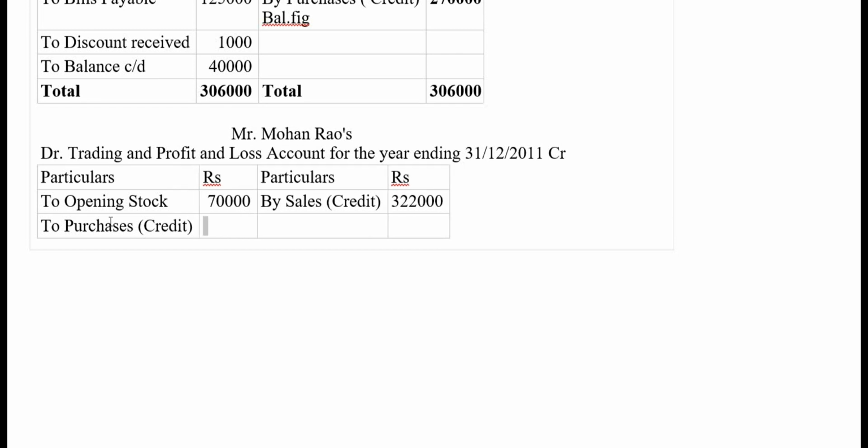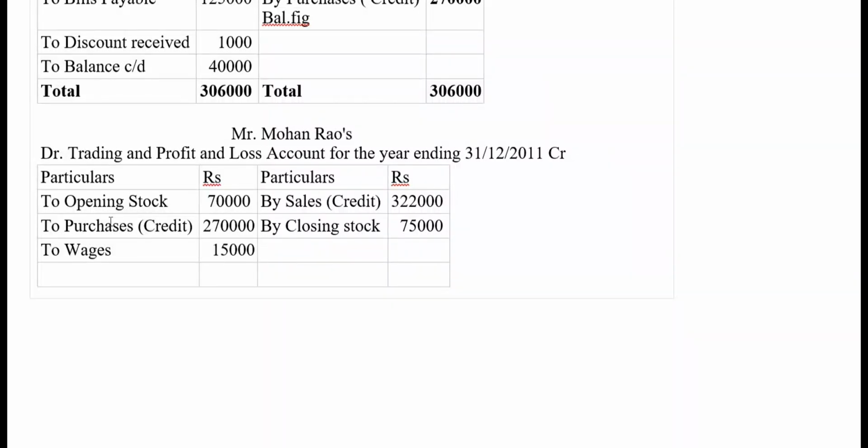It has come to rupees 2,70,000. Then by closing stock, which is given as rupees 75,000. Then to wages, rupees 15,000.